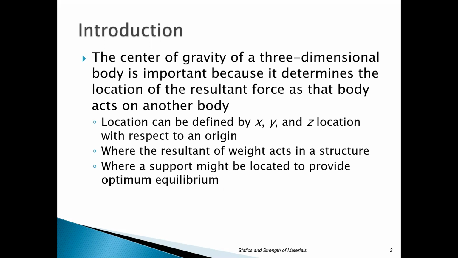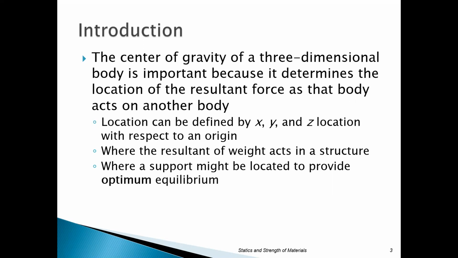Okay, so if we look at the center of gravity in a 3-dimensional body, that's an important process, and sometimes we call that the center of gravity. I'm sure you've heard that term before, but this is where the resultant force of gravity goes through the body and acts on another body.